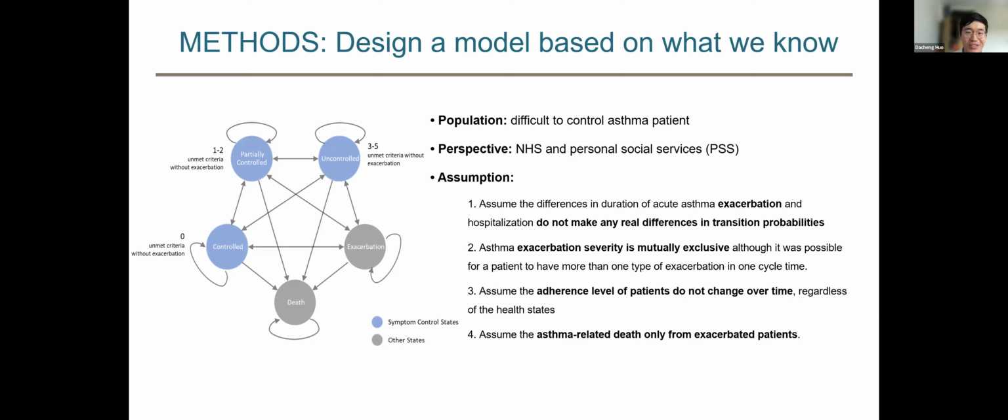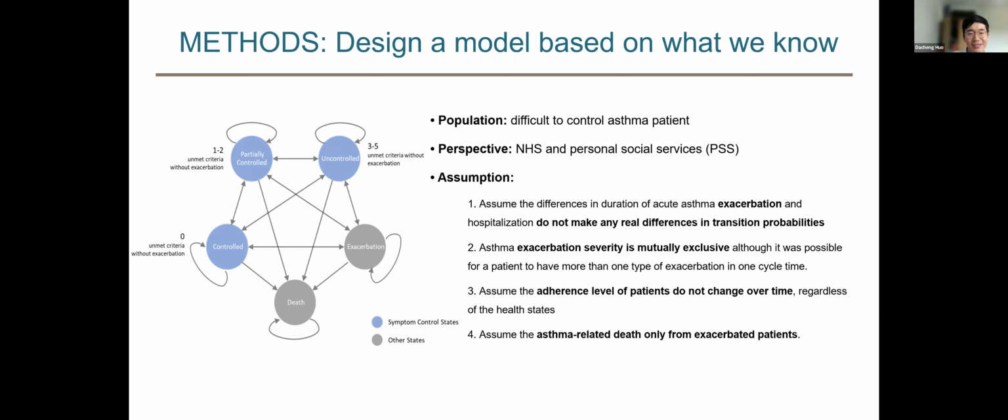The exacerbation severity is mutually exclusive, although it is possible that a patient may have one type of exacerbation, or more than one exacerbation, in one cycle. We also assume that the adherence level of patients does not change over time, regardless of health state.